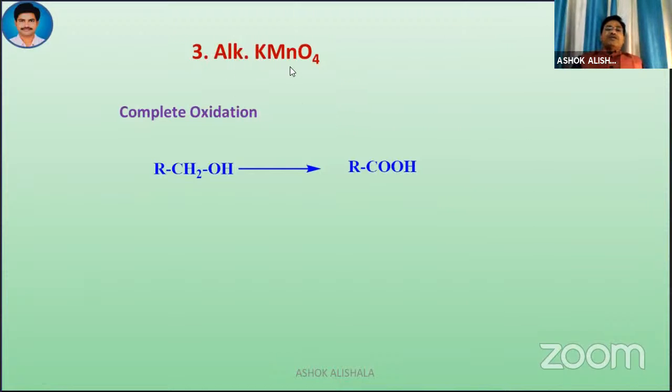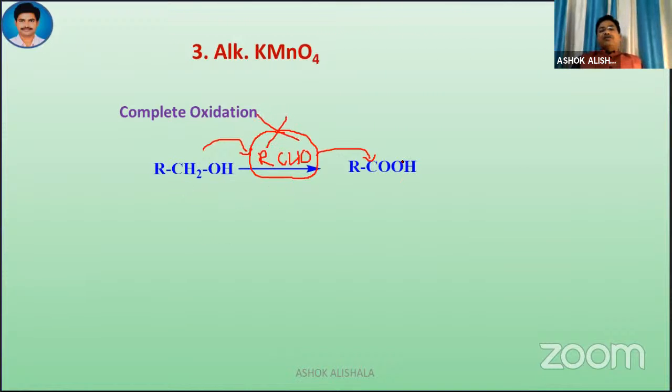Now with alkaline KMnO4, complete oxidation takes place. That is, as I just told you, complete oxidation means alcohols are converted into the aldehyde, and aldehydes are converted into the carboxylic acid. That means when treated with alkaline KMnO4, the reaction never stops at this junction.